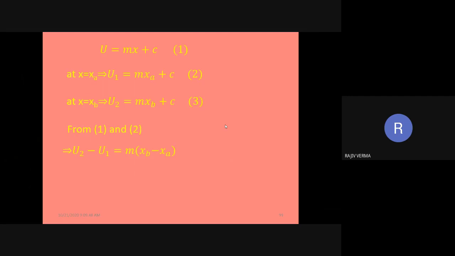From this expression, you can get the value of m as written in equation number 4, and correspondingly we can substitute the value of m either in equation number 2 or in equation number 3 to get the corresponding value of c, which has been written in equation number 5.